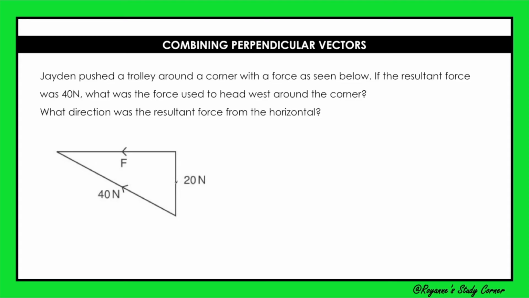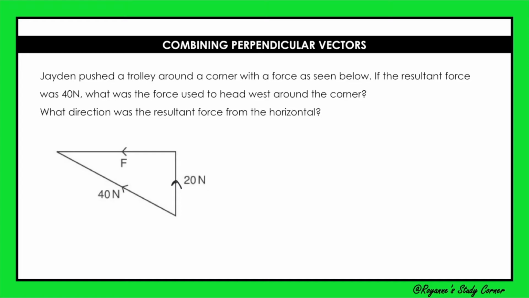So what they're saying is that we know that he went this way and then this way. But we know that he pushed this way with a force of 20 newtons, but we don't know what the force that he applied on this side is. But we do know that the resultant is 40 newtons.